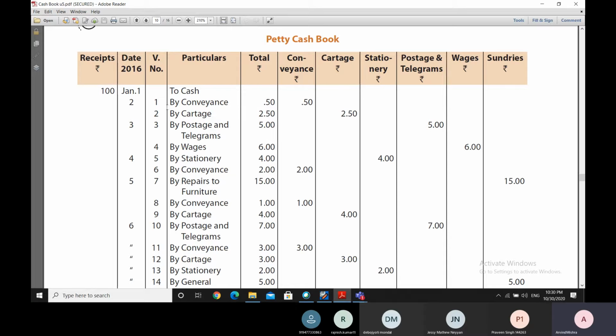So for example, on January 2, under voucher number 1, when we say by conveyance, it means that we are making this payment for the reason of conveyance, and therefore the petty cash book is credited and the conveyance account would be debited.